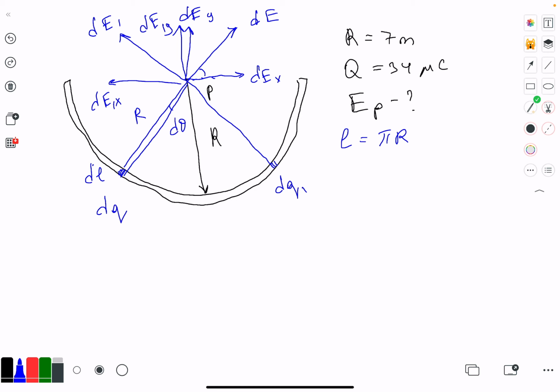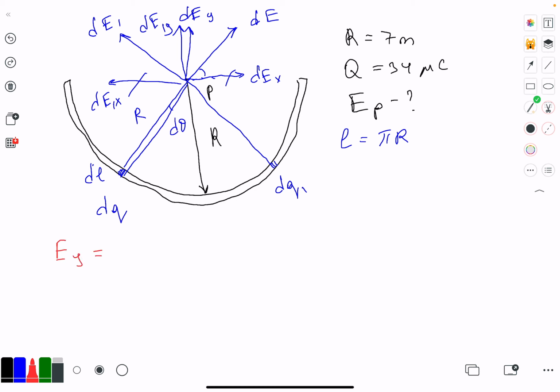As you can see, the x components will cancel each other because they have the same magnitude but opposite direction. So only the y components of the electric field add up. That means we have to find the total electric field in the y component.